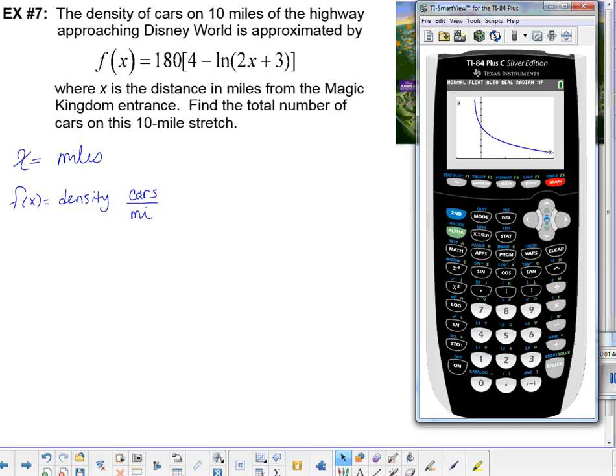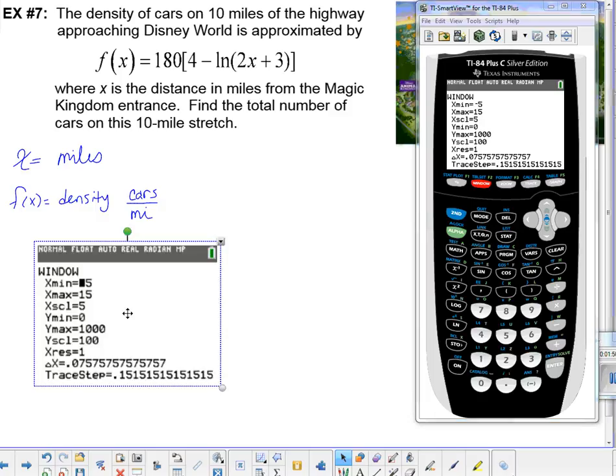I knew from my x values that I probably want to go from 0 to 10 because I want to capture the first 10-mile stretch coming out of the Magic Kingdom. So when I set my x min and x max, I could have set it from 0 to 10.